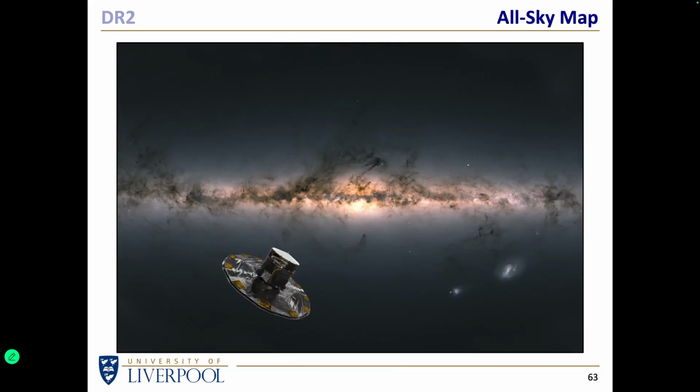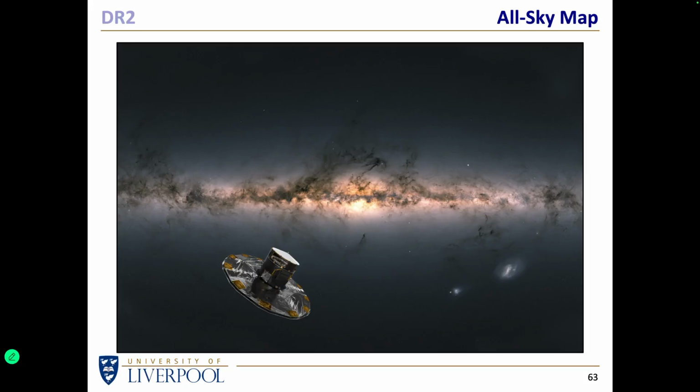So again, here's an all-sky map. It's not an image. It looks like an image just because we are mapping out with a pixel here indicating how many stars Gaia found. If Gaia found a lot of stars, the pixel is bright. If Gaia didn't see many stars, the pixel is dark. And that then maps out something that looks very much like the Milky Way and its dust structure, as well as the satellite galaxies of the Large and Small Magellanic Cloud there.